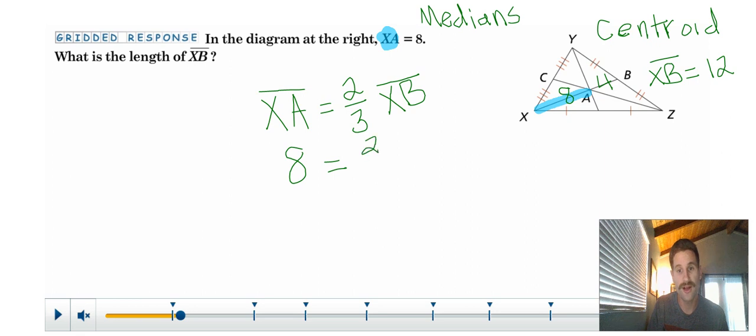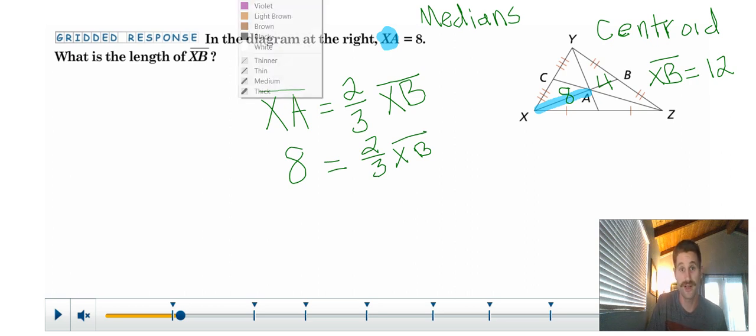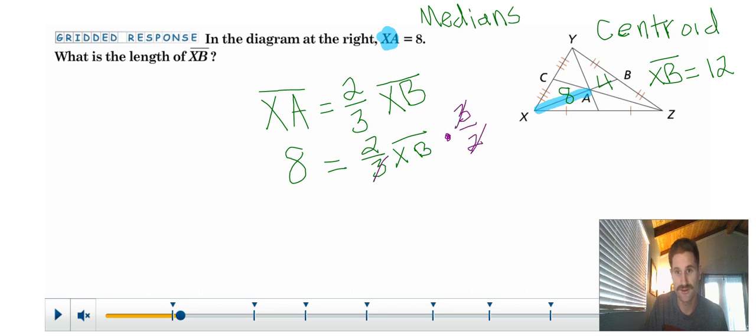We could also solve this algebraically, and let's just do that real quick, to get a little practice with our fractions. So we can solve for XB. To get rid of the fraction here, we can multiply by the reciprocal, and that's going to cross cancel.